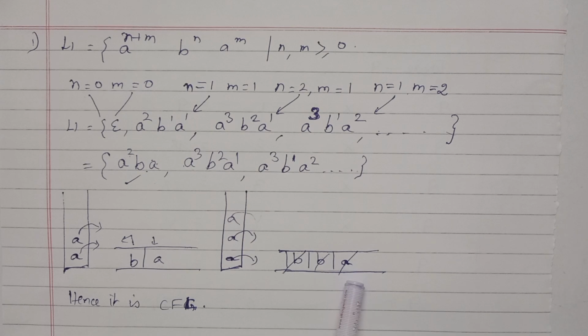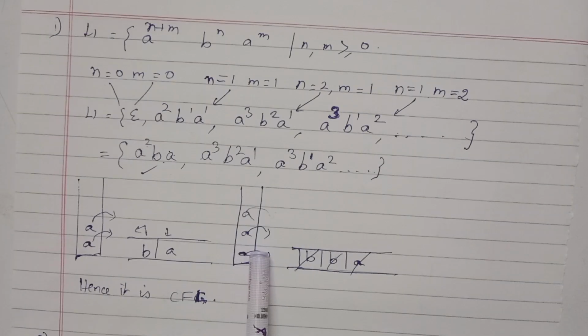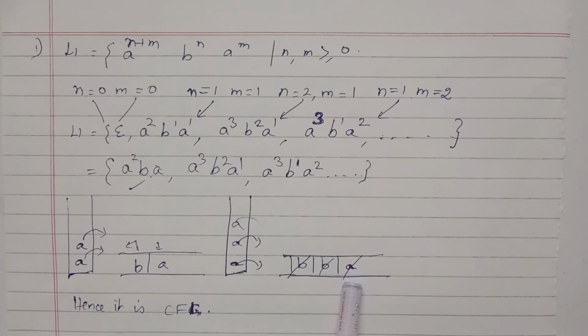Finally you have a. After the b's are popped, one a is left, so you pop this one and the string is accepted. Hence this string can be identified using the stack and the input, so you can say that it's a context-free language.